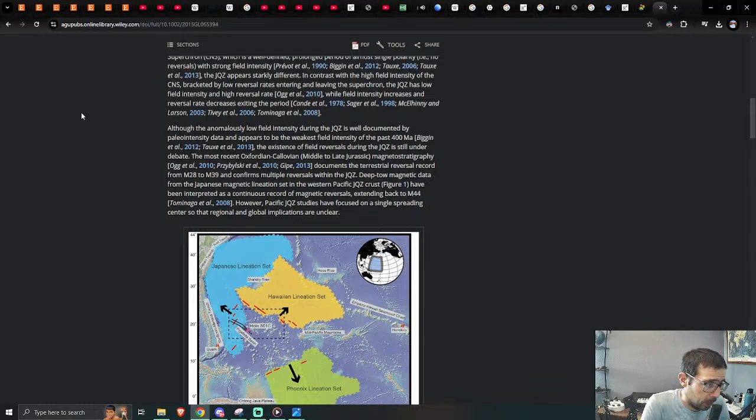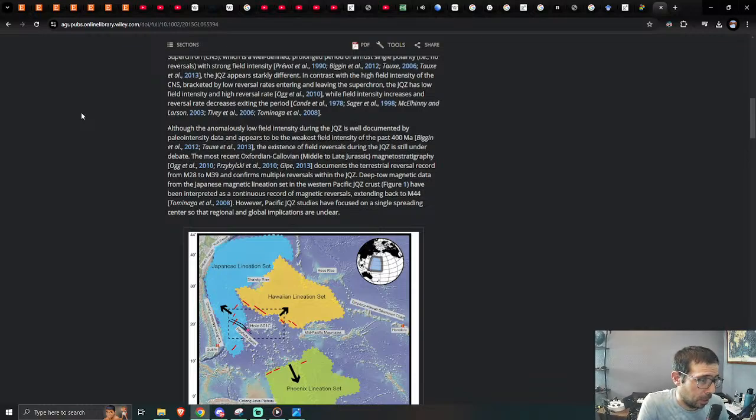Most recent Oxfordian Callovian magnetostratigraphy documents the terrestrial reversal record from M28 to M39 and confirms multiple reversals within the Jurassic Quiet Zone.